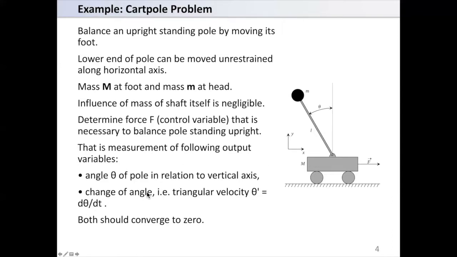Change of angle, that is angular velocity, theta prime, which is the derivative of theta with respect to time. Both should converge to 0. Angle should converge to 0, and the change of angle should converge to 0. So the pole will stand at this angle.